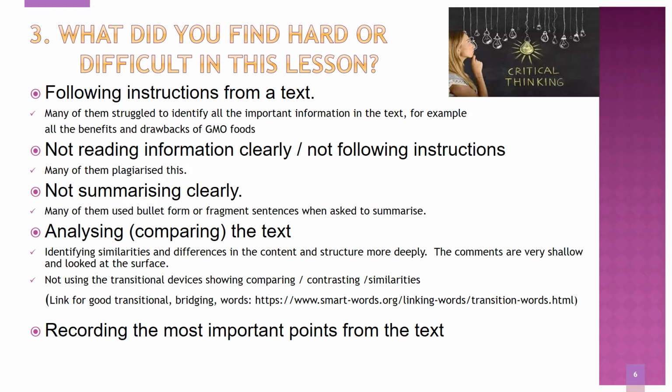You will get a student just writing one benefit and no drawbacks. So that goes with following instruction was one of the difficulties that was identified. Secondly, not reading information clearly, which goes along again with following instruction.